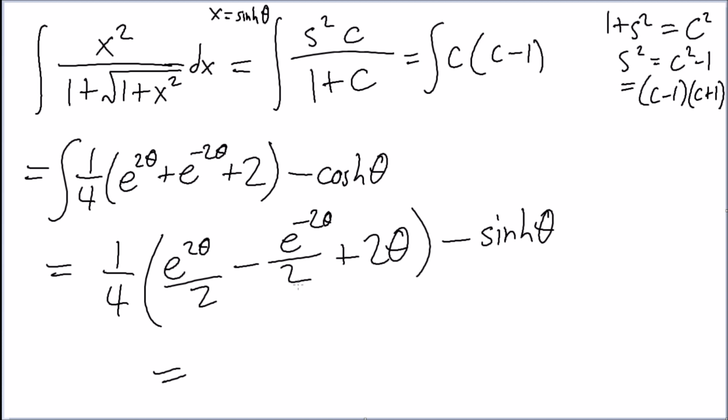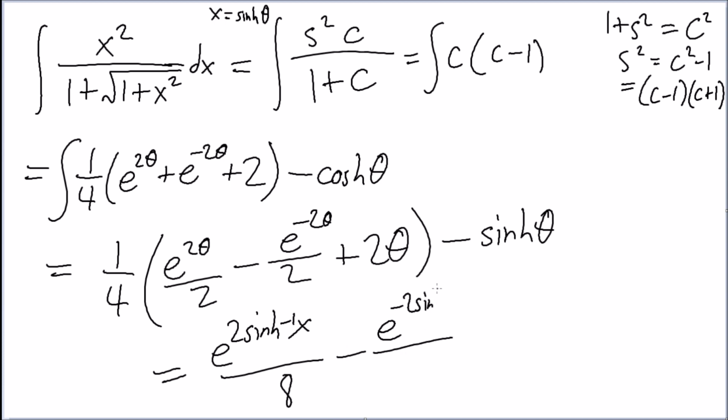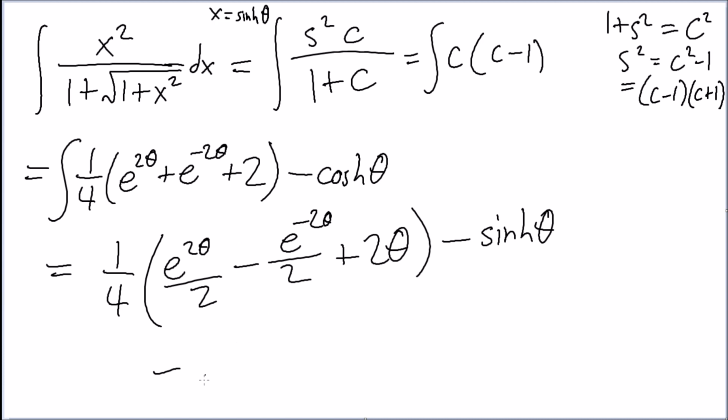And so our answer is, let's see, 2 inverse sinh over 8 minus e to the negative. I guess you can put this in sinh form, right? This whole part here is technically sinh 2 theta.